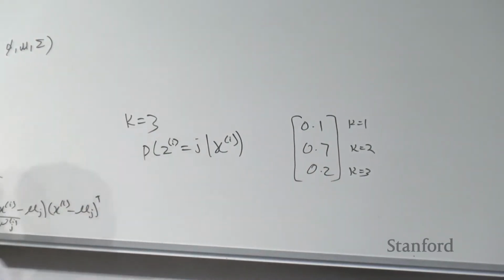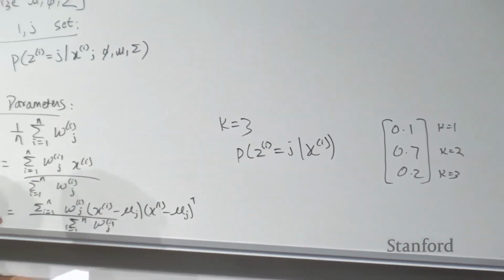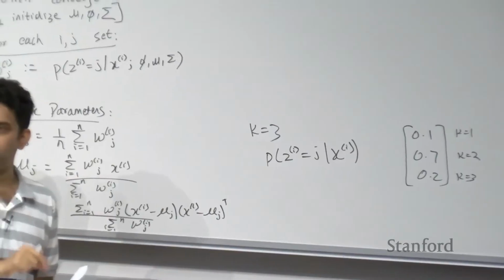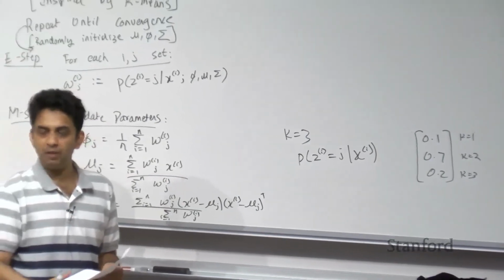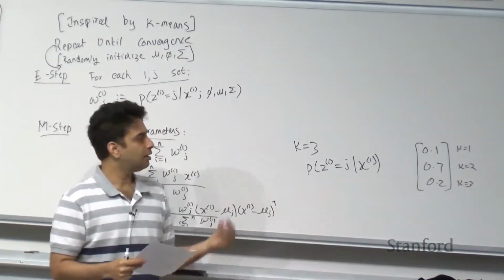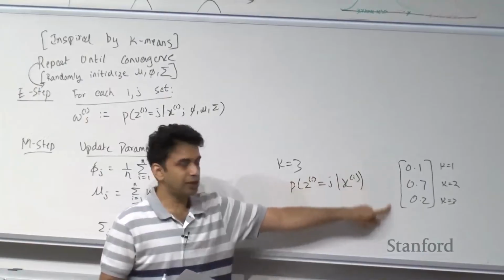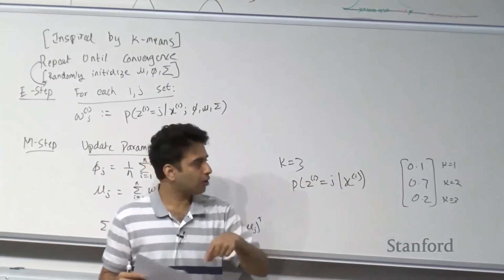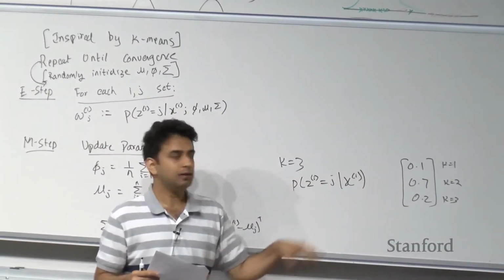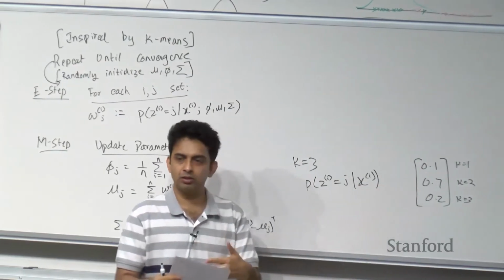and these two are farther away, so they have a lower weight. In case of k-means, we would do a hard assignment of every point to one cluster only, but over here we are doing a soft assignment where every point has a soft assignment in the form of this probability distribution over all the cluster centroids, and the probability is higher for the centroid that is closer to the point.